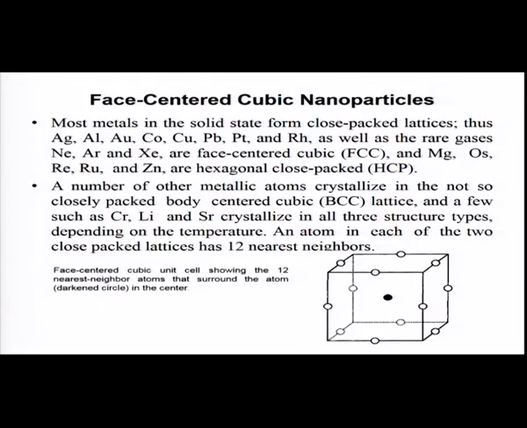When you take metals, for example, all the metals are in the solid state, and when the metals are in the solid state, they form a lattice known as a close packed lattice. Some of the metals, such as silver, aluminum, gold, cobalt, copper, platinum and lead, as well as the rare gases like neon, argon and xenon, are face centered cubic structures.